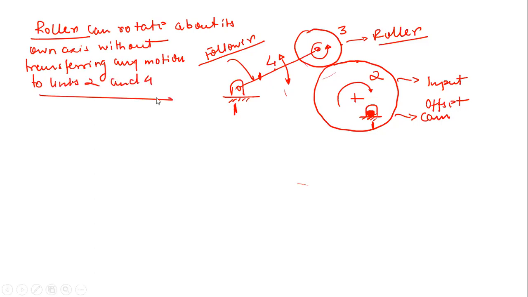So it is possible in this case that this roller 3 is going to turn around its own axis, right? So you have to simply rotate the roller around its own axis, and you will observe that no motion will be transferred to either link 2 or link 4. So what is happening? It is just turning around its own axis, right? So no motion is going to be transferred to either link 2 or 4.